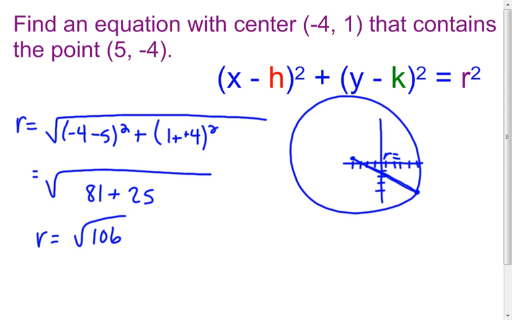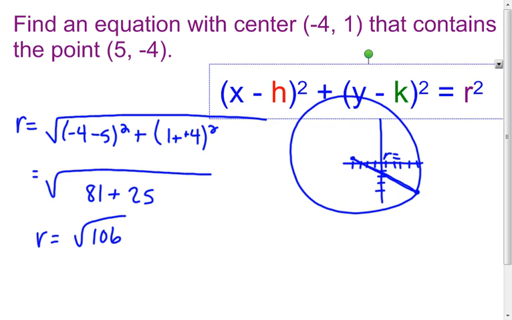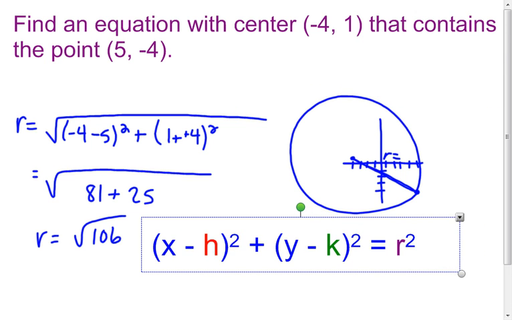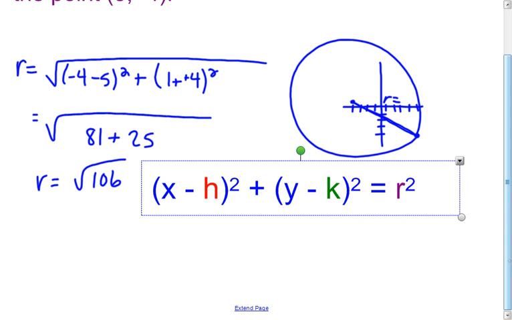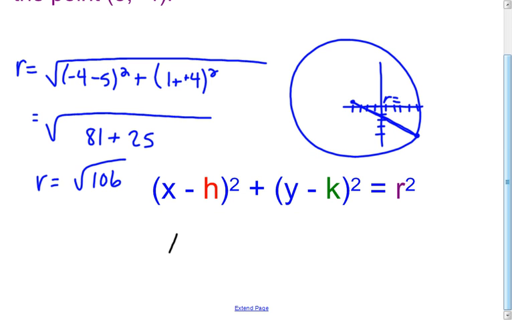So then when you put this information into this formula right here, h is the x value of your center. The x value of your center is -4, so you'll have x minus -4, which of course becomes x plus 4.